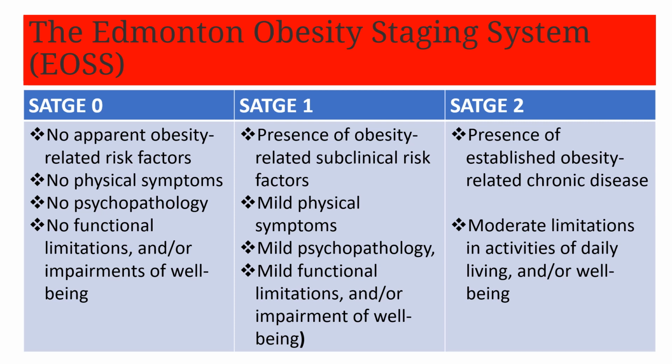Stage 2, presence of established obesity-related chronic disease, moderate limitations in activities of daily living and or well-being. Examples of stage 2 in obese patients: the presence of established hypertension, established diabetes, and sleep apnea.